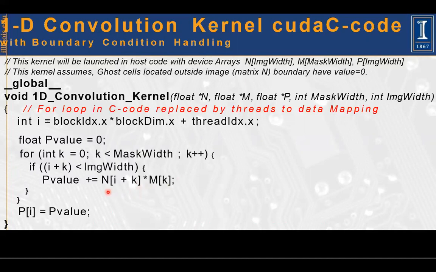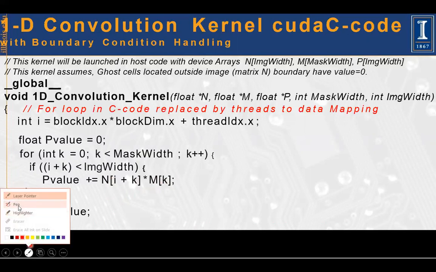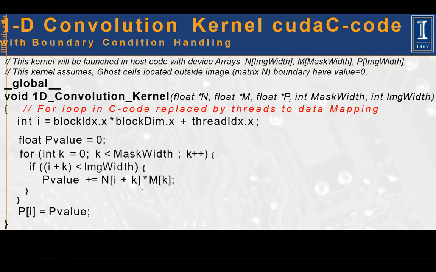Once you modify this code for a two-dimensional convolution, two important points. Number one, when you write it in two indexes, as I said, you might write it here.